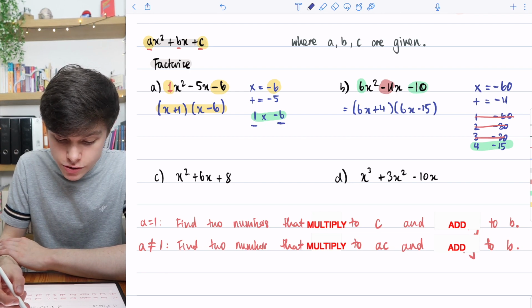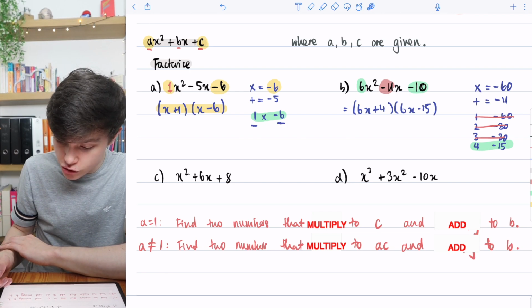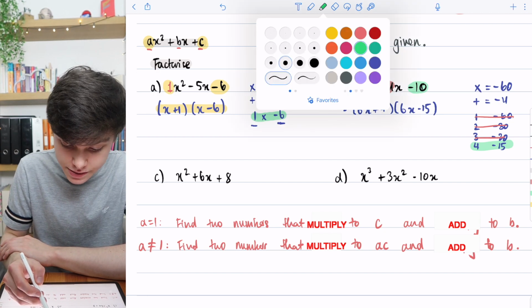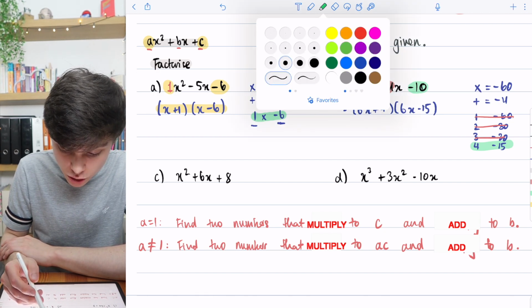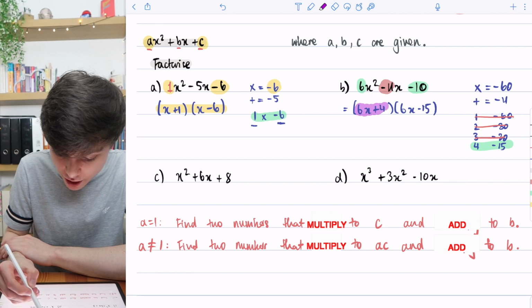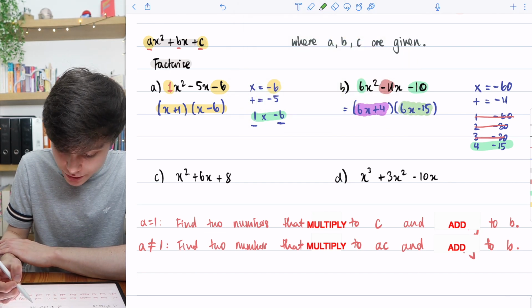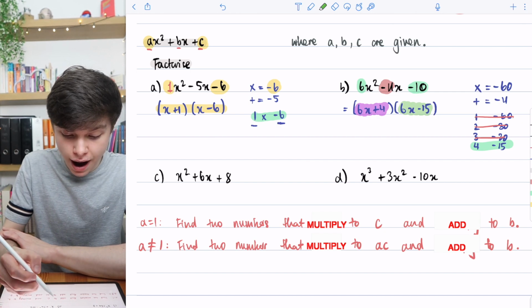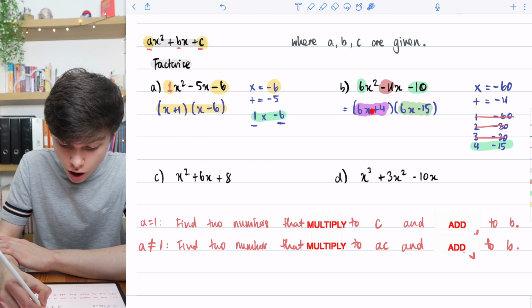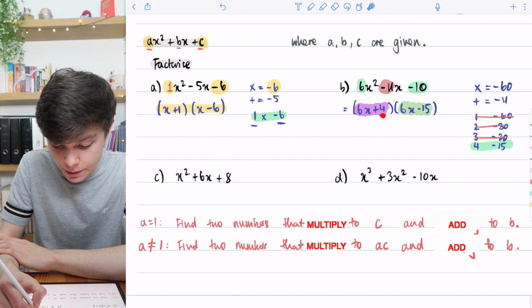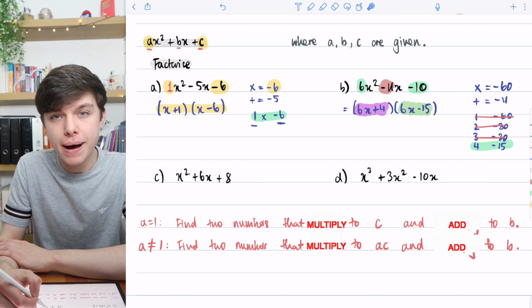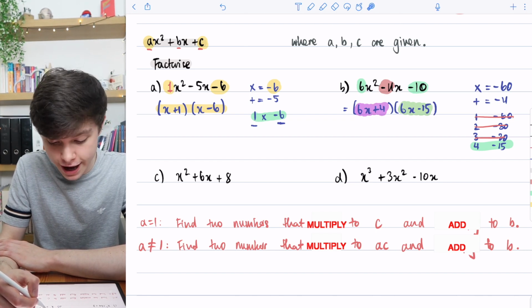And then what I'm going to do is treat these two brackets separately. So if I get some colours here, we will have a purple and we will have a green. Okay. Looking at the purple bracket, I'm going to focus on the two terms, and I'm going to divide each term by the biggest number I can divide by.